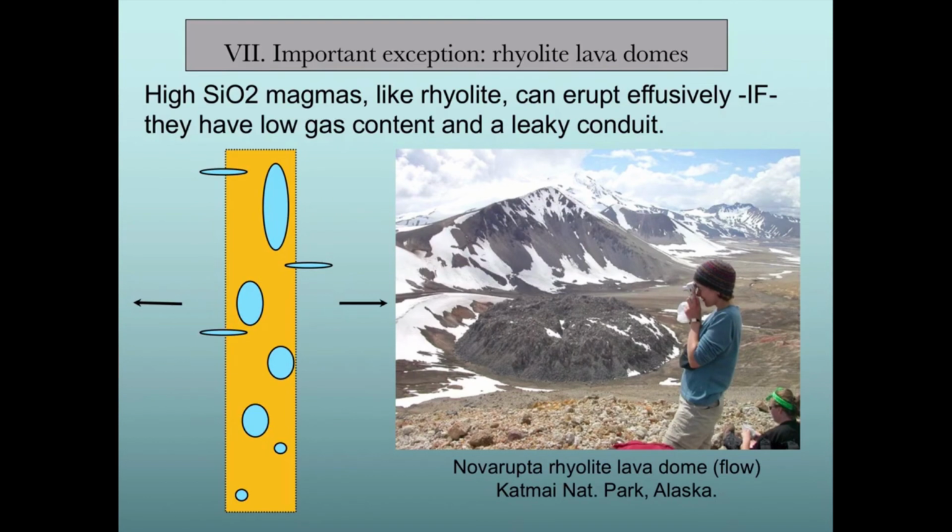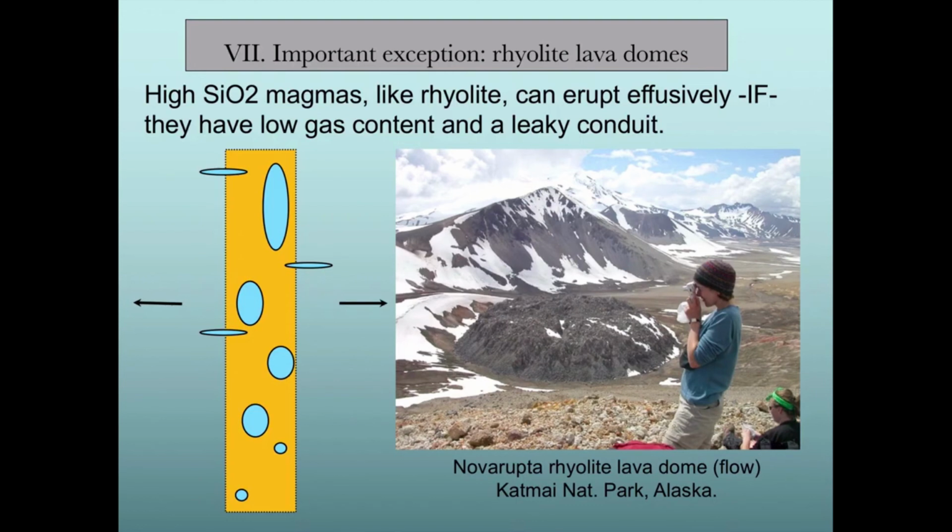There's an exception here, though. High SiO2 content, high viscosity magmas like rhyolite can also erupt effusively. And the key important factor here is they have a lower gas content, so maybe all of their gas was erupted earlier in the eruption, and they have a leaky conduit.